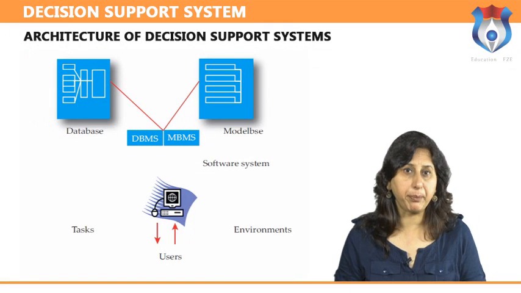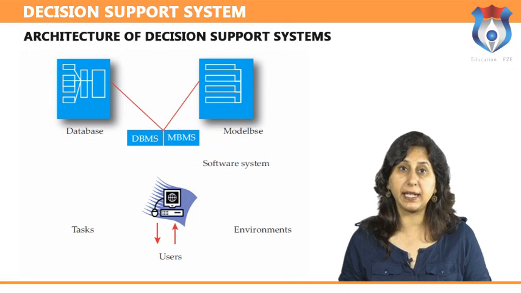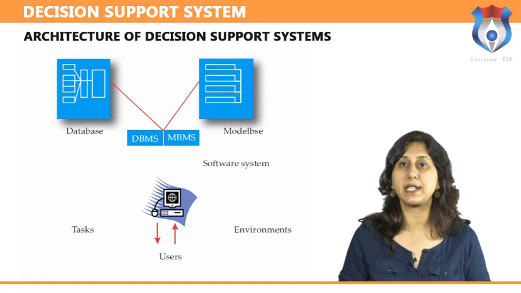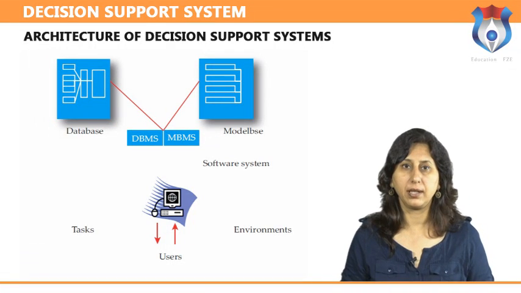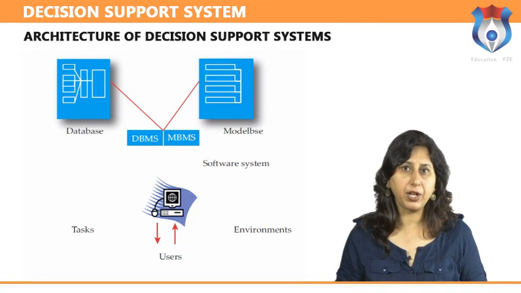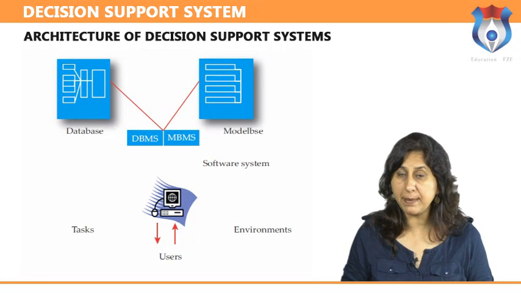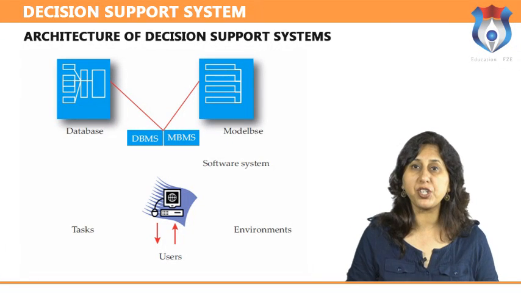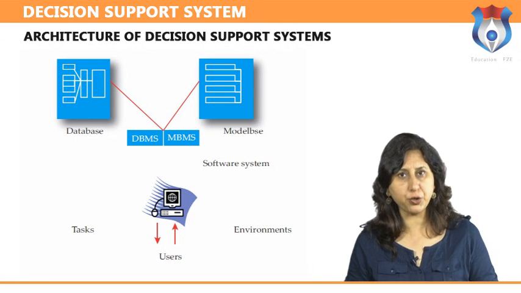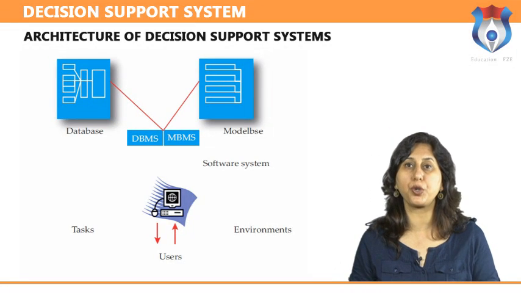The first step of the decision-making process begins with the creation of a decision support model. A DBMS is a set of computer programs that create and manage the database as well as control access to the data stored within it.